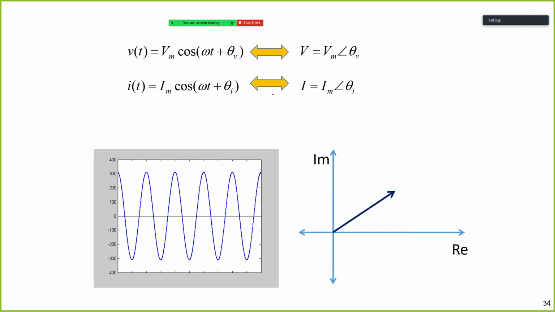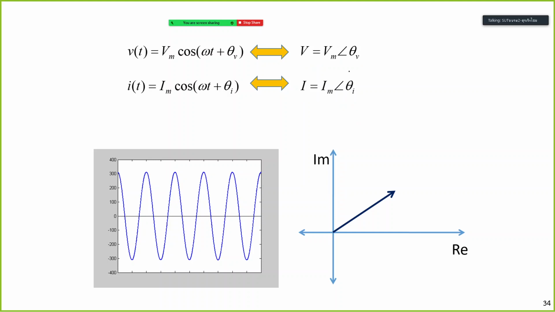Okay, then for the voltage of Vm cos omega t plus theta v, we can represent the signal in this form, Vm with angle theta v, and the current also with its angle.